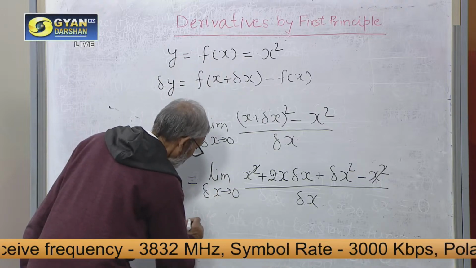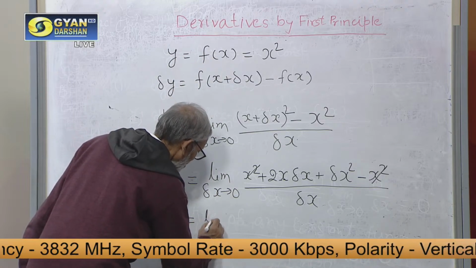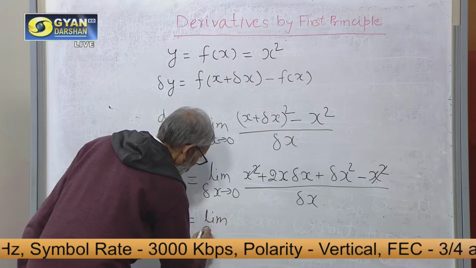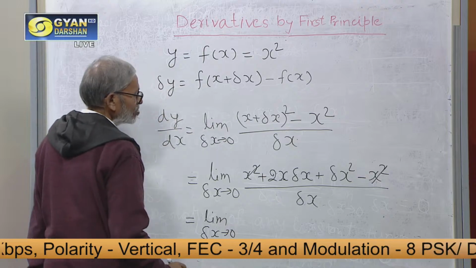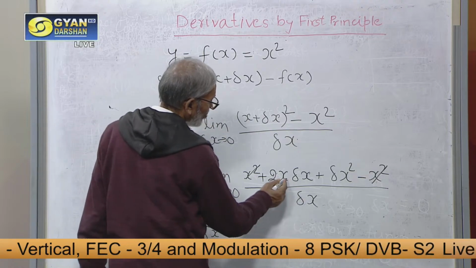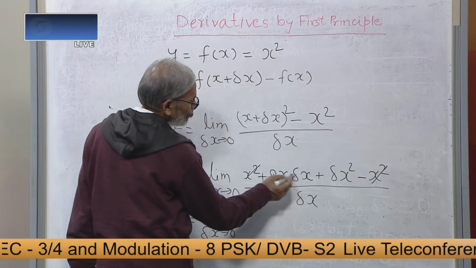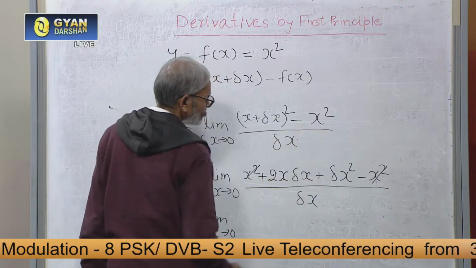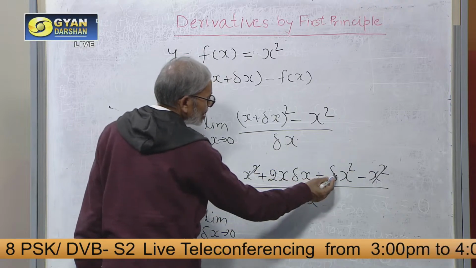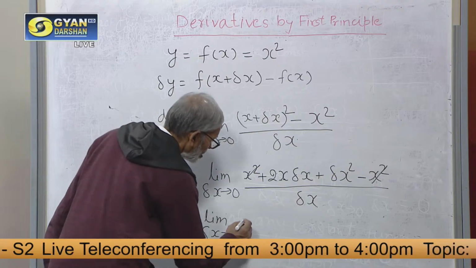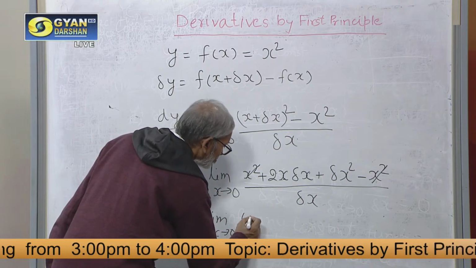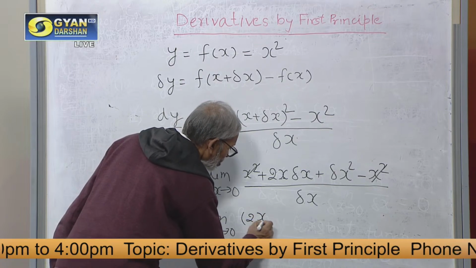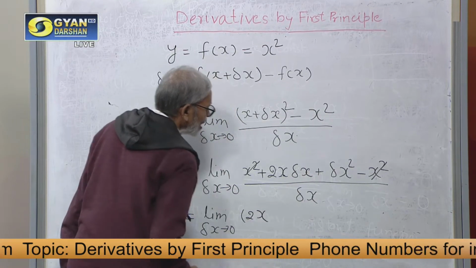So, this will be equal to limit delta x tends to 0. If I divide both 2x delta x and delta x square by delta x, it will be 2x, because delta x and delta x will be cancelled out.